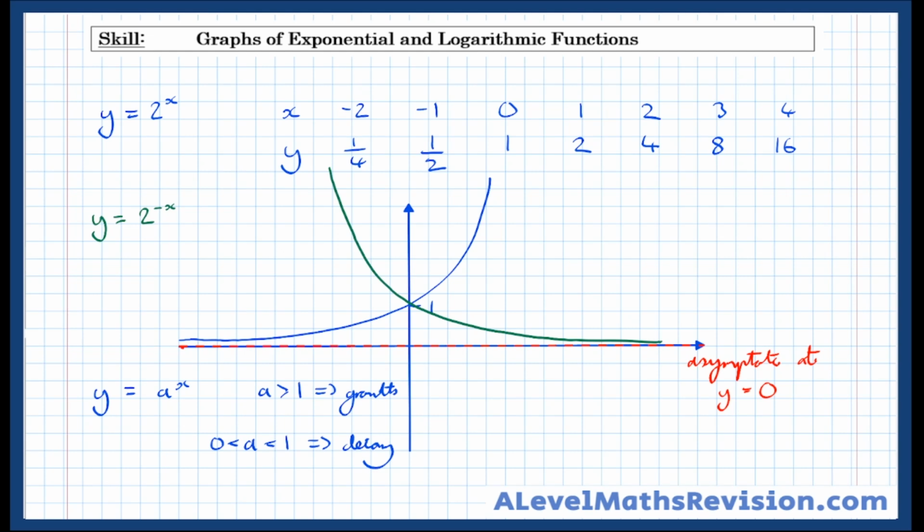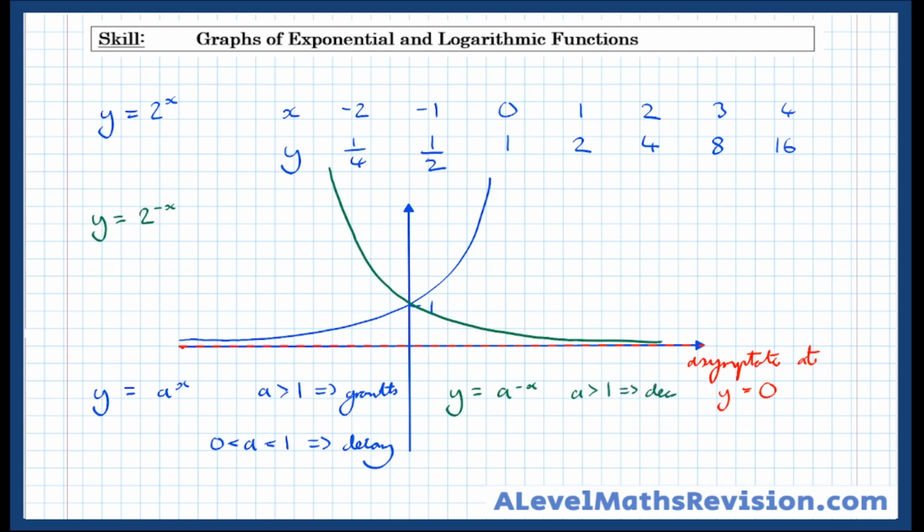And then we've got y equals a to the -x. So a being bigger than 1, well, that would cause decay because we'd have a number to a negative power, meaning that as x gets bigger, the curve gets lower.